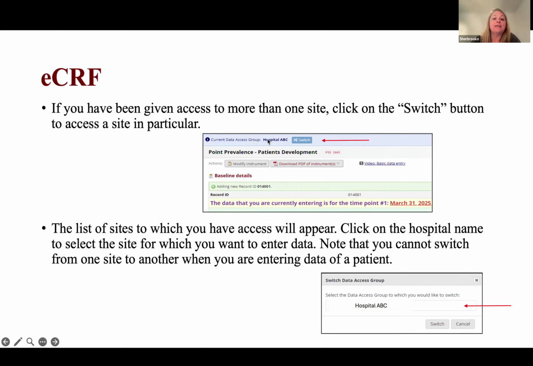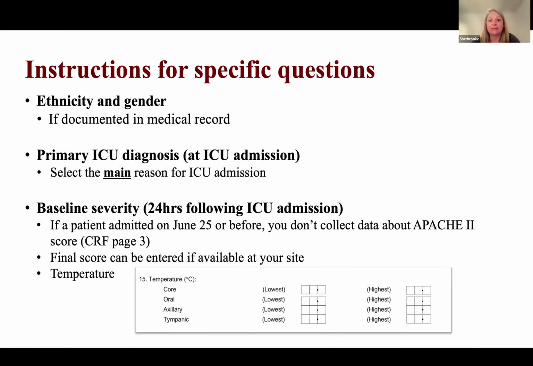If you have access to more than one, you have this blue button on which you can click, and you will have a drop-down list with each hospital. You just have to select the right one and click on switch, and then the name of the right hospital will be shown. That's one important thing, to make sure that you enter the patient in the right hospital.